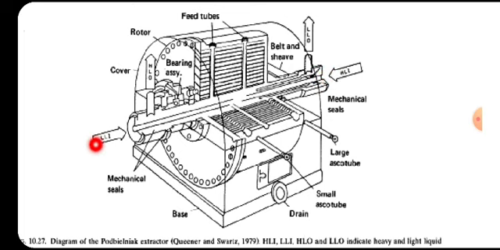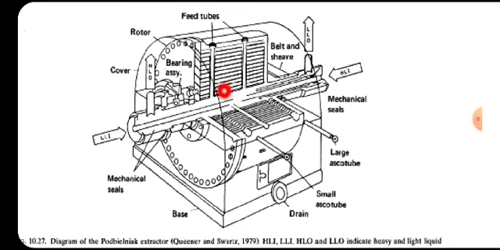Light liquid phase is allowed to enter through the periphery, so that when this centrifuge runs, due to centrifugal force, the light liquid which is fed at the periphery will be forced inside, and the heavy liquid phase which is fed through the center of the shaft will be pushed outside. So light liquid is running inside, heavy liquid is running outside.